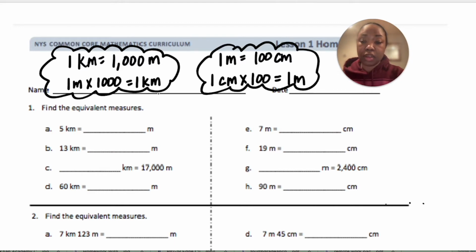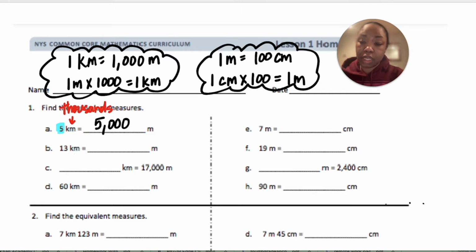So for A, they're saying that it's 5 kilometers. 5 times 1,000, right? This kilometer is kind of like a synonym for 1,000, because that's how many meters are in 1 kilometer. So that would be saying 5,000 meters.